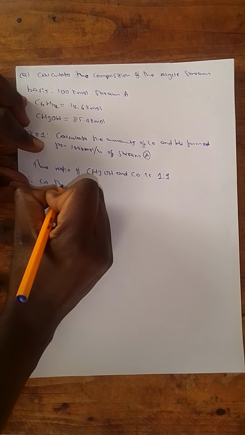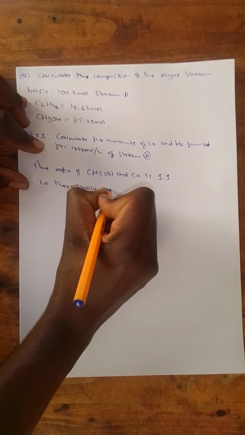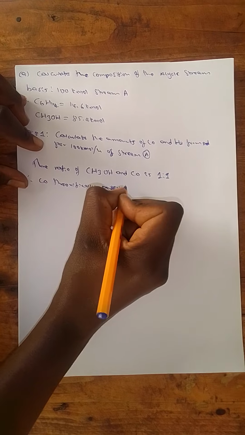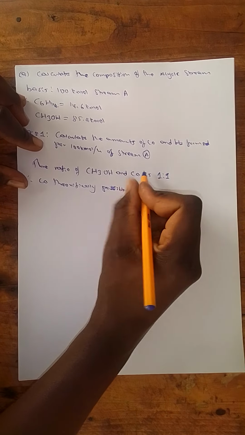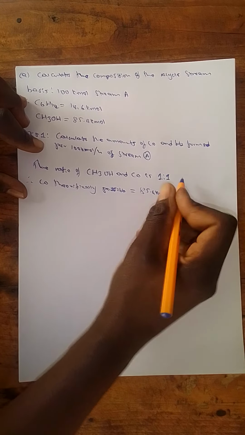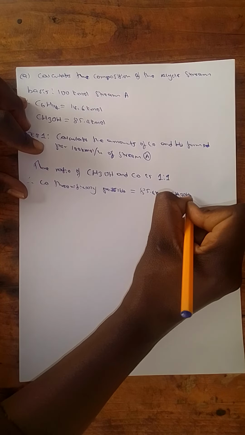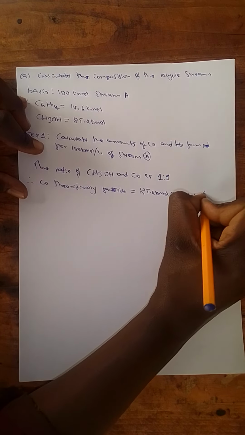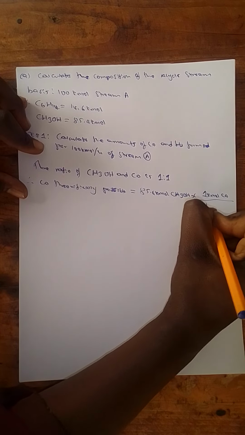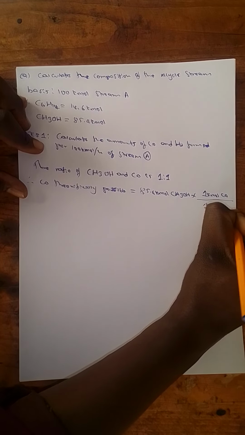Therefore, CO theoretically possible is equal to 85.4 kilomole of CH3OH multiplied by 1 kilomole CO per 1 kilomole CH3OH.